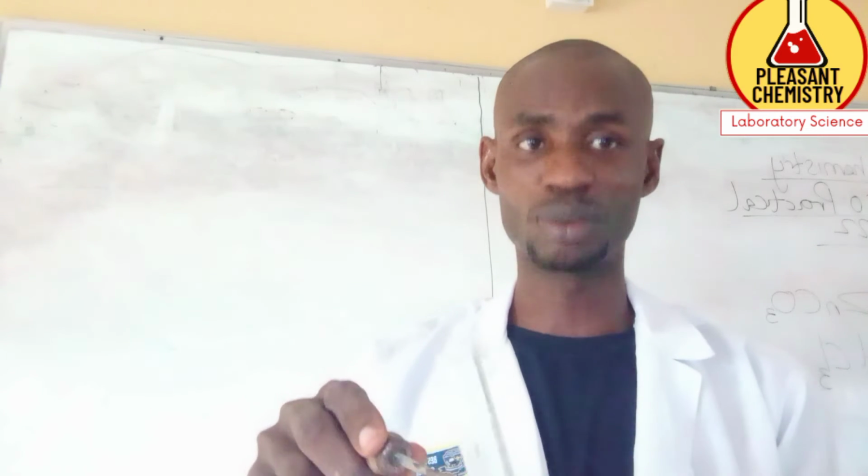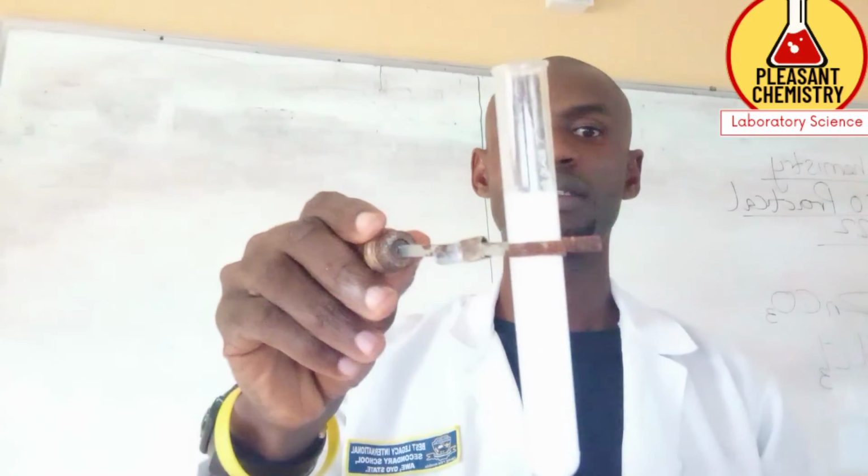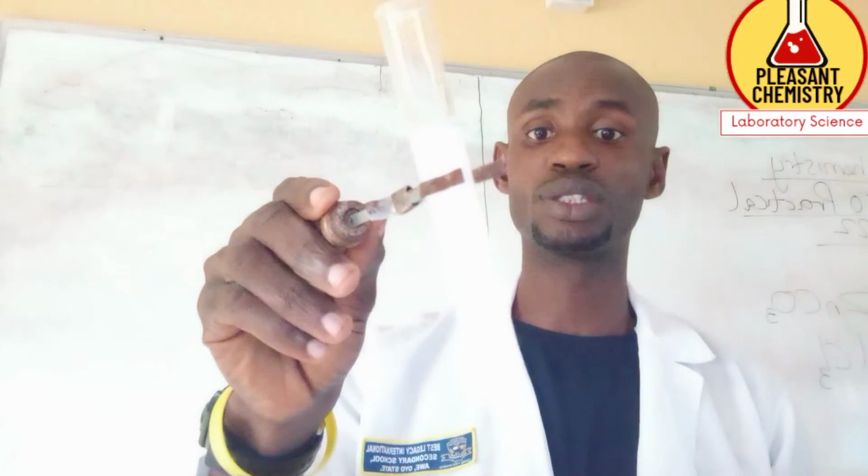So in my observation right now, I'm going to have a white gelatinous precipitate, and in my inference, Zn2+, which is zinc ion, or aluminium ion, which is Al3+, is present. I'm going to add sodium hydroxide now in excess. In excess, the precipitate dissolves.